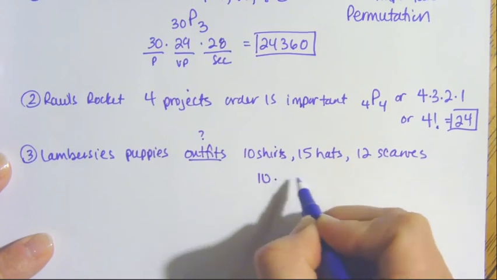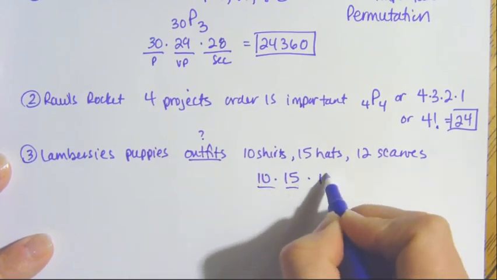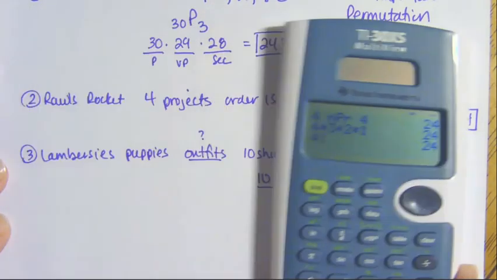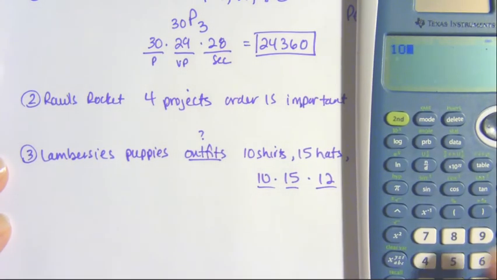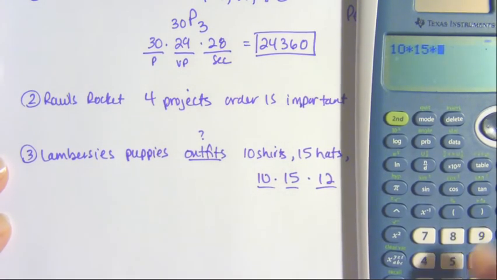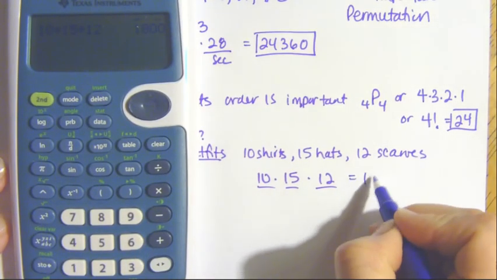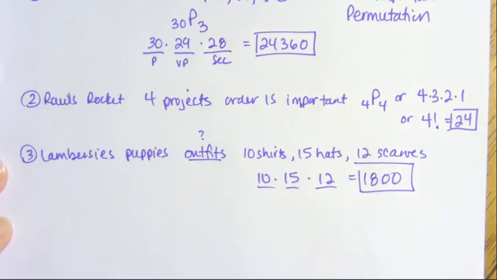I would do 10, there's 10 different shirts to pick from, there's 15 different hats to pick from, and there's 12 different scarves to pick from. On your calculator, just type 10 times 15 times 12. It doesn't matter what order you type that in. And I get 1,800.